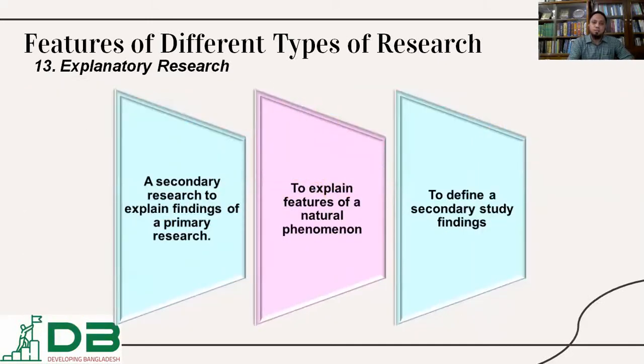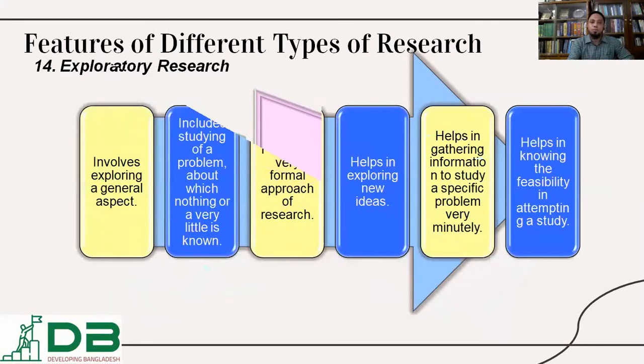Explanatory research is a secondary research to explain findings of a primary research, to explain features of natural phenomena, to define secondary study findings. So any study matching these features could be termed explanatory research.